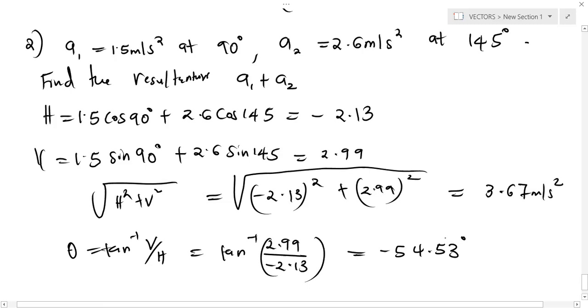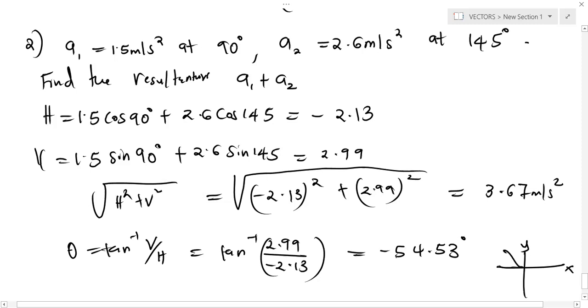Clearly, as we can see, this angle does not lie in the first quadrant. This is the value of y, this is the value of x. Your x is negative and your y is positive, so it's obviously in the second quadrant.